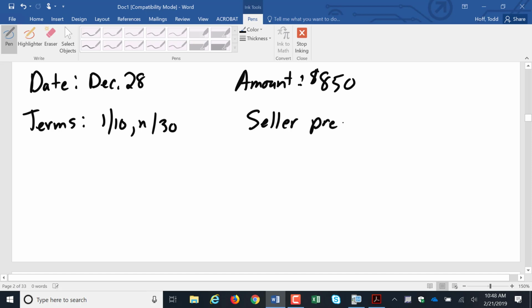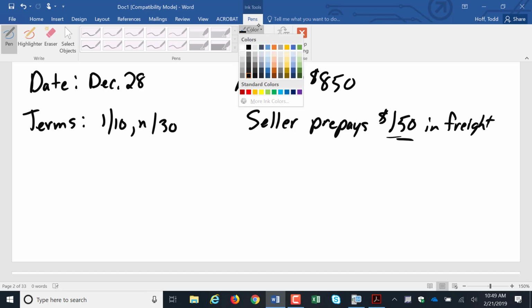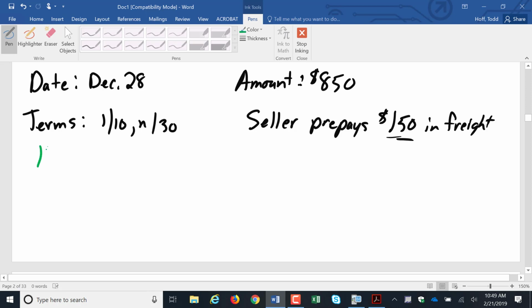So seller prepays $150 in freight. So the buyer is going to have to reimburse that $150. So our question here is how much would be paid if this is paid on January 4th.